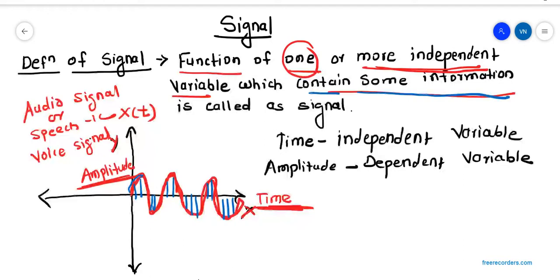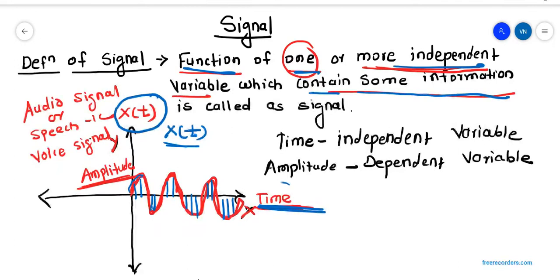Now what is meant by the function? The function is nothing but, with respect to the independent variable, you have to define the name of the signal. So how do you write a function? You write x of something, which is a function with respect to one independent variable.